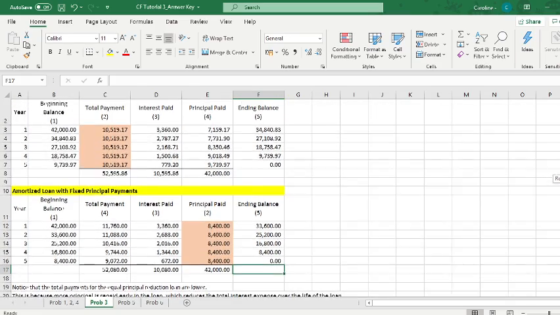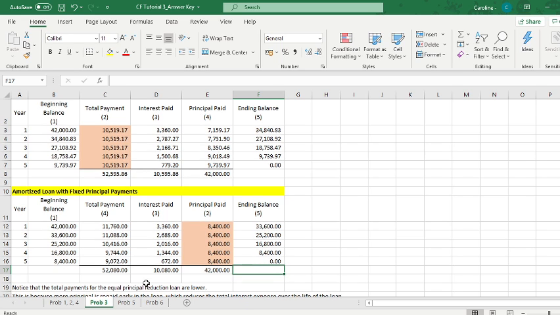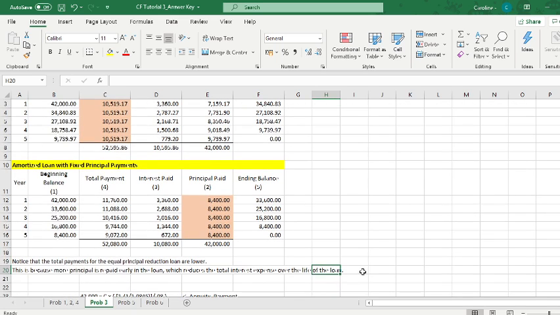So equal principal reduction will result in lower payments altogether.